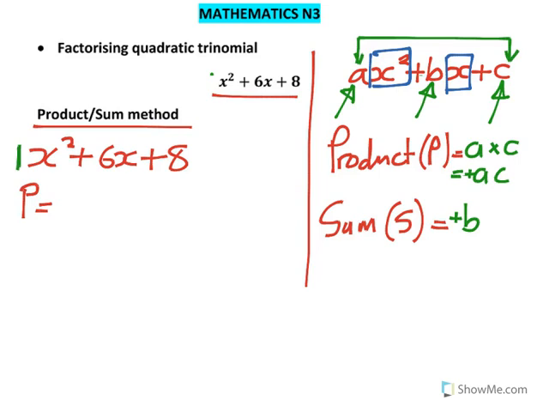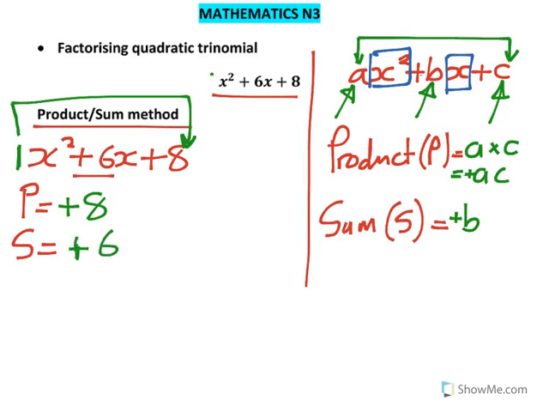So you're going to multiply this number 1 and the 8. So it will be 1 times 8, the product there will be positive 8. Remember the sign. What about the sum? The sum is the number that is remaining. You had a 1 and an 8, and the number remaining in the center there is plus 6.